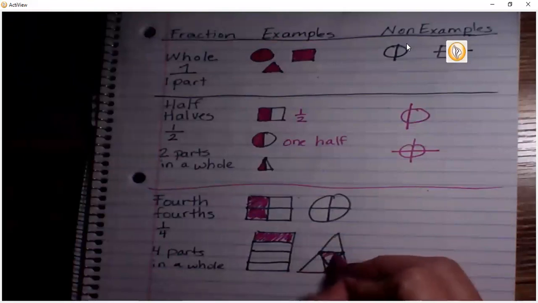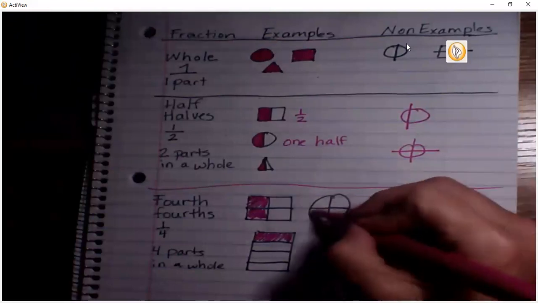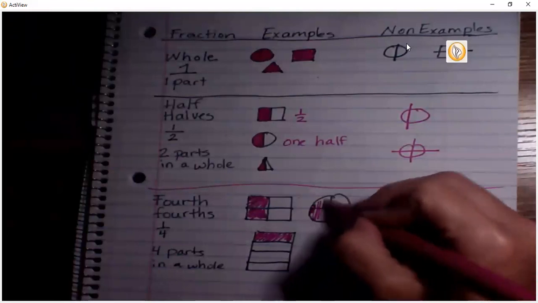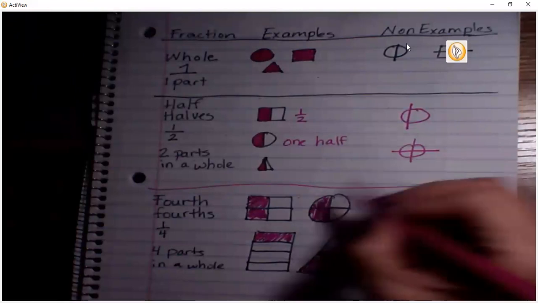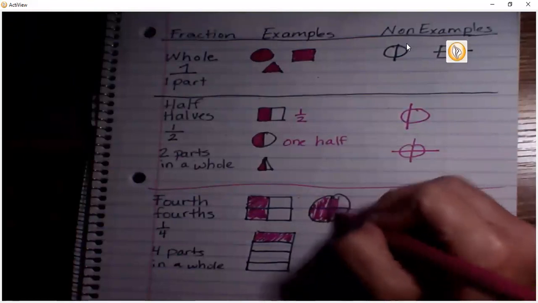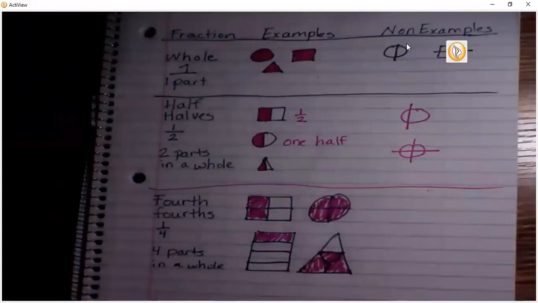I'm going to color in 3 pieces right here. And on my circle, I'm coloring the whole thing. Go ahead and catch up to me, please. Remember, you can pause the video if you need to.